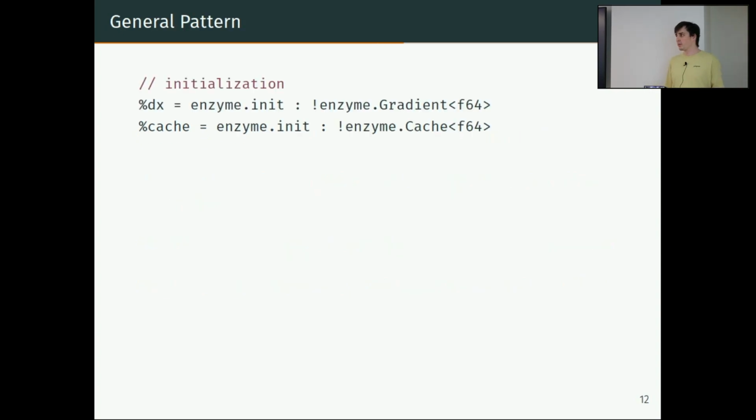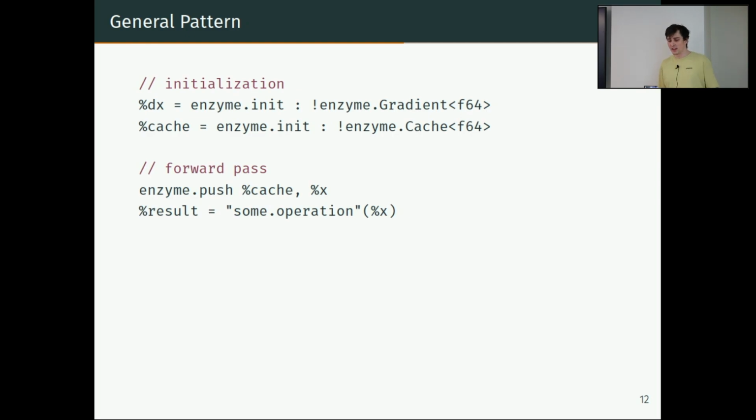And then the general pattern of a differentiated program looks like this, where we first initialize the storage for the gradient and the cache. Then in the forward pass, we will write our operands which are needed to this cache, and we will, of course, execute our operation.